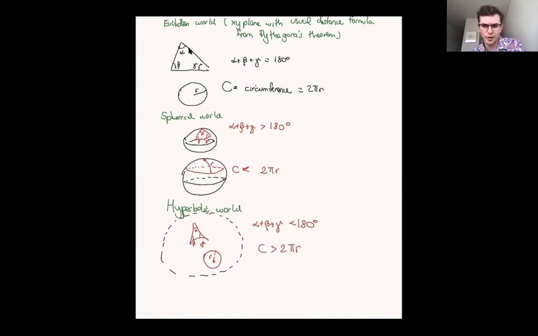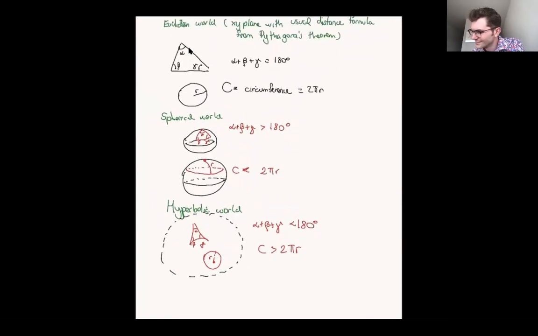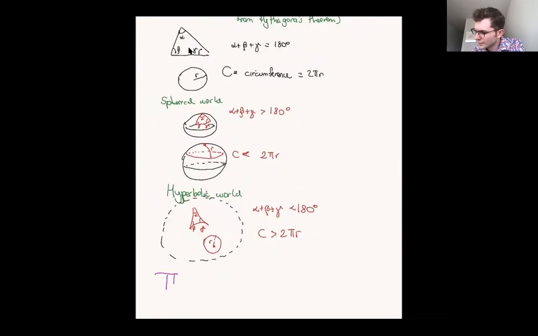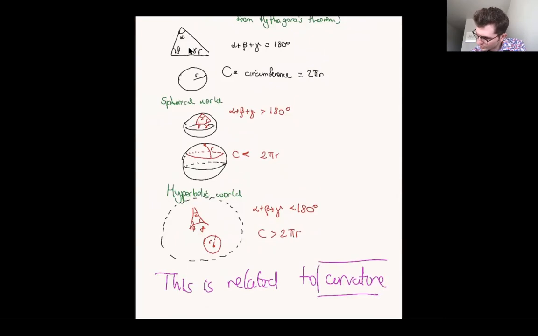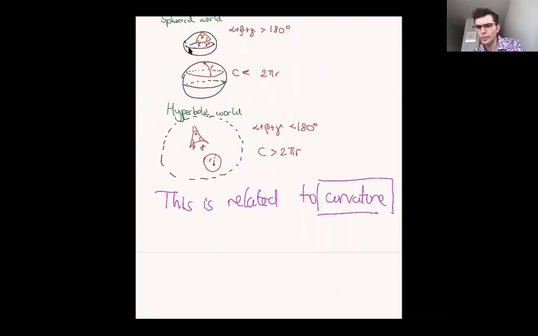And this is all related to curvature, so let me give you a sense of what curvature is finally. In the past, if you had taken multivariable calculus, you may have seen a little bit about curvature, but that topic has been deleted from the current curriculum.